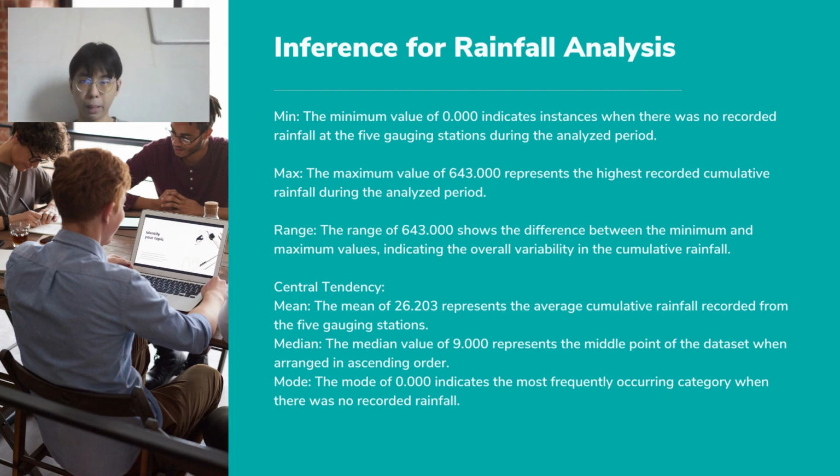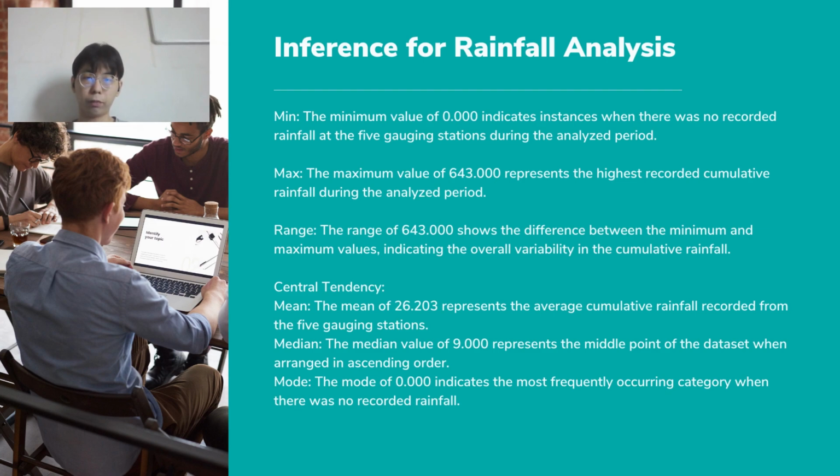The next is the central tendency. The central tendency has three components, which are mean, median, and mode. The first is the mean of 226.2, which represents the average cumulative rainfall recorded from the 5 gauging stations.